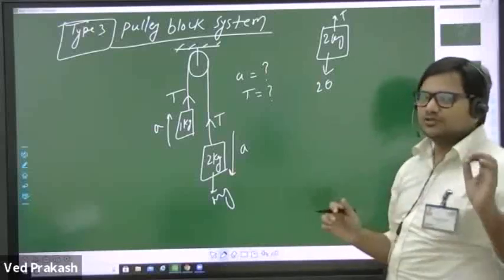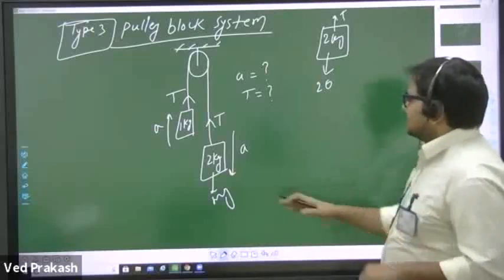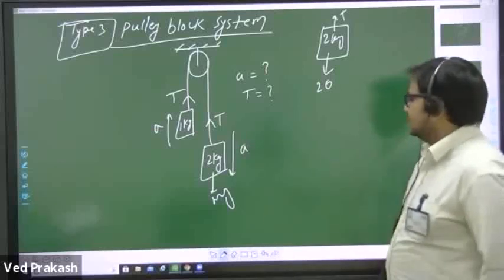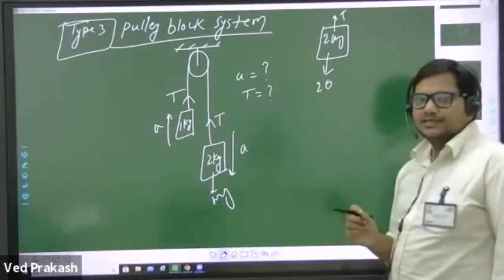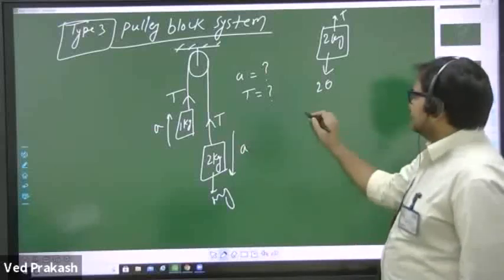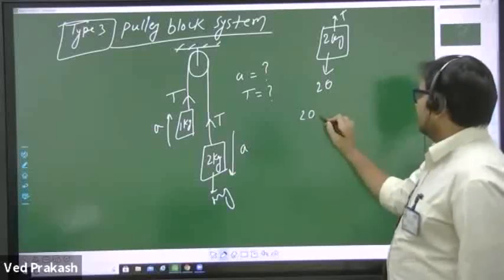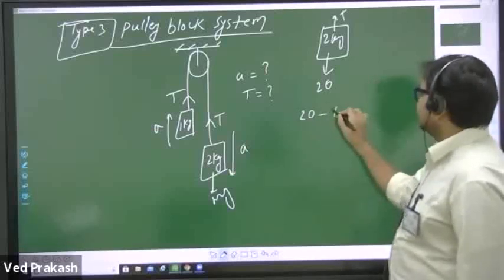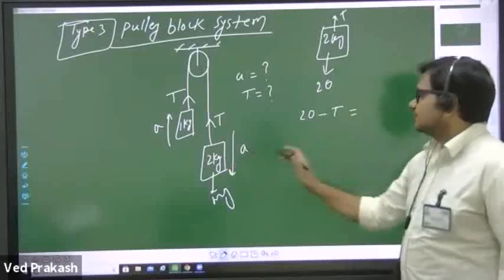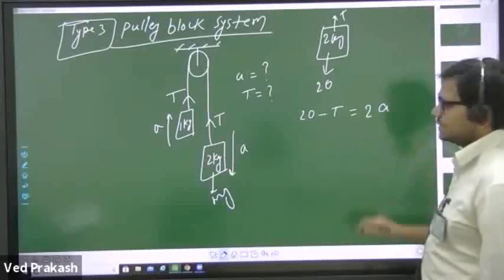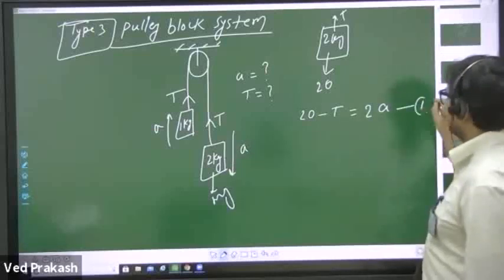No, only 2 forces are acting. Since this block is moving in the downward direction, the 20 Newton force is greater than T. So I will write Newton's law here: total force 20 minus T equals the mass of this object, 2, into its acceleration. This is equation 1.